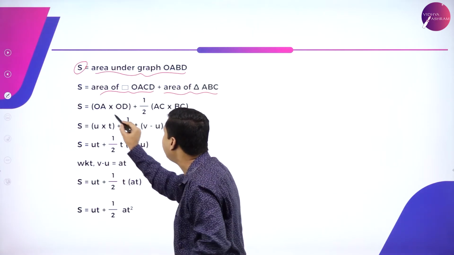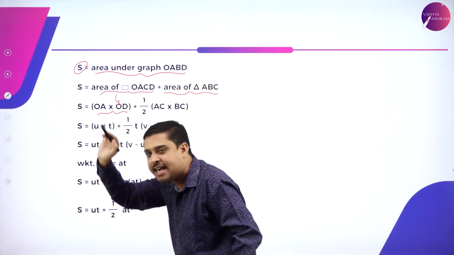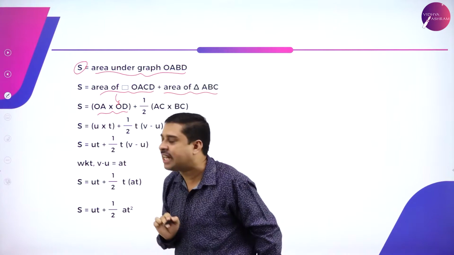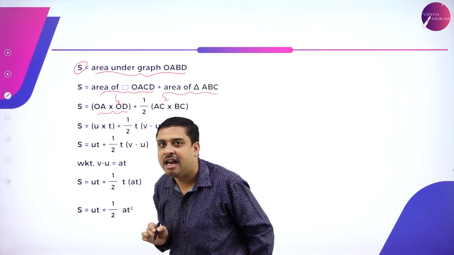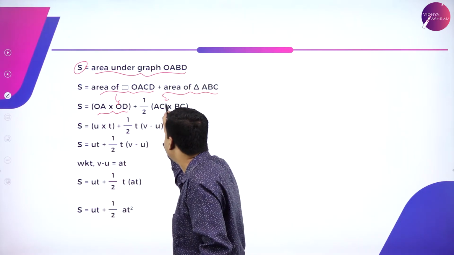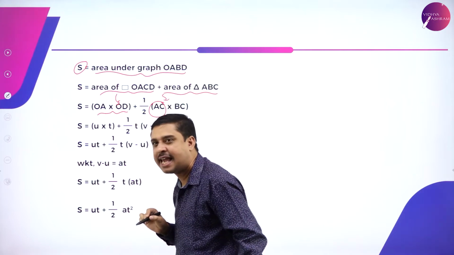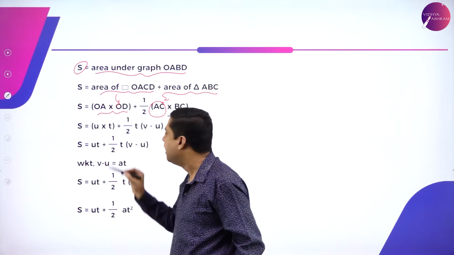Area of the triangle is half base into height. The base of the triangle is AC, the height is BC.